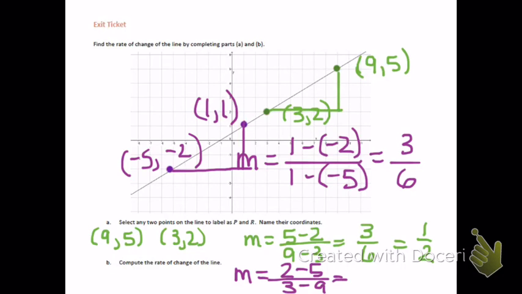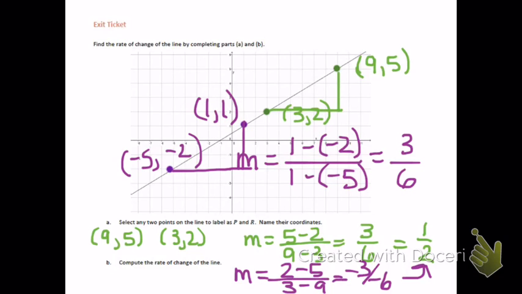Well, in that case, I'm going to get -3 over -6, which is still positive 1/2, because negative divided by negative is a positive. So it doesn't even matter which order I do these points in, as long as I'm consistent. If I use 1 point first in the numerator, I have to do the same thing in the denominator.